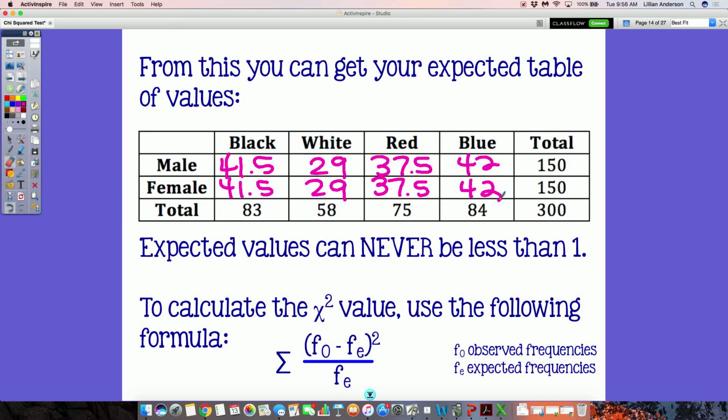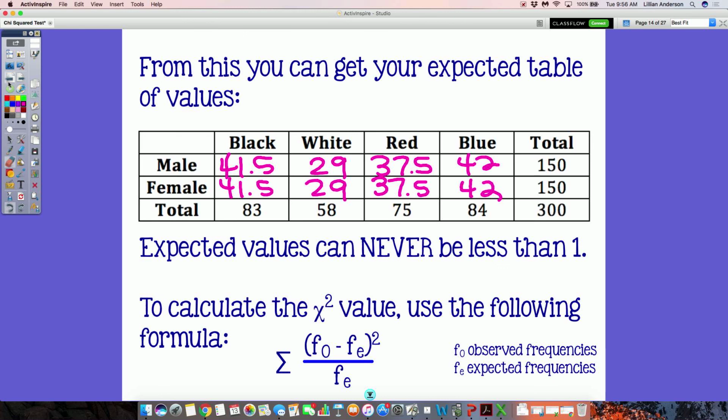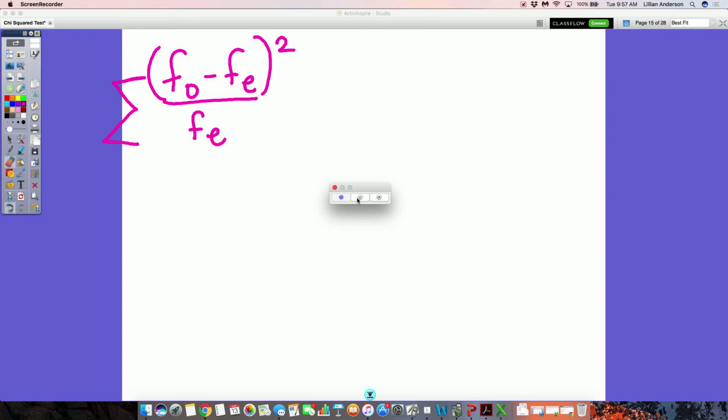We're going to find the chi-squared value by using this formula. All right, so we have to take every respective observed frequency and subtract it from its expected.